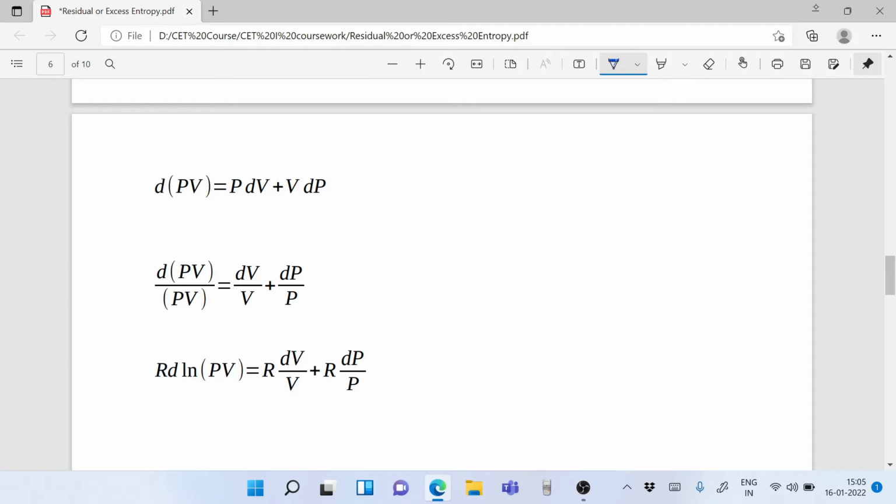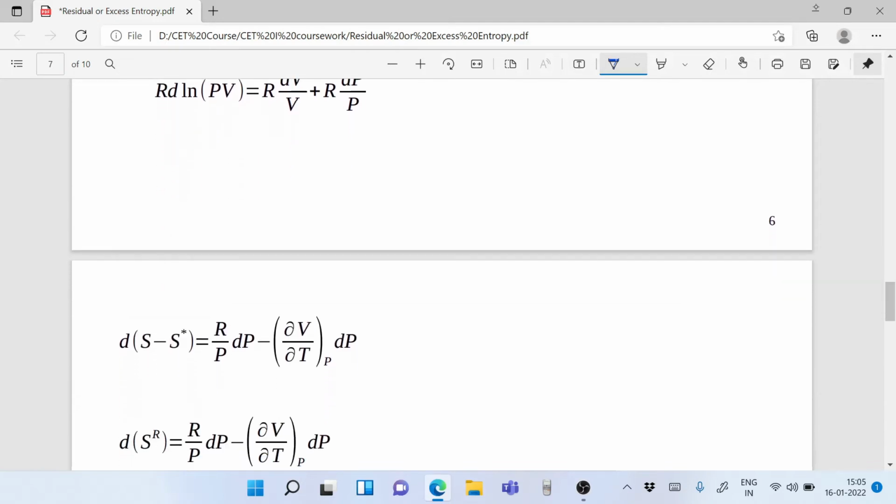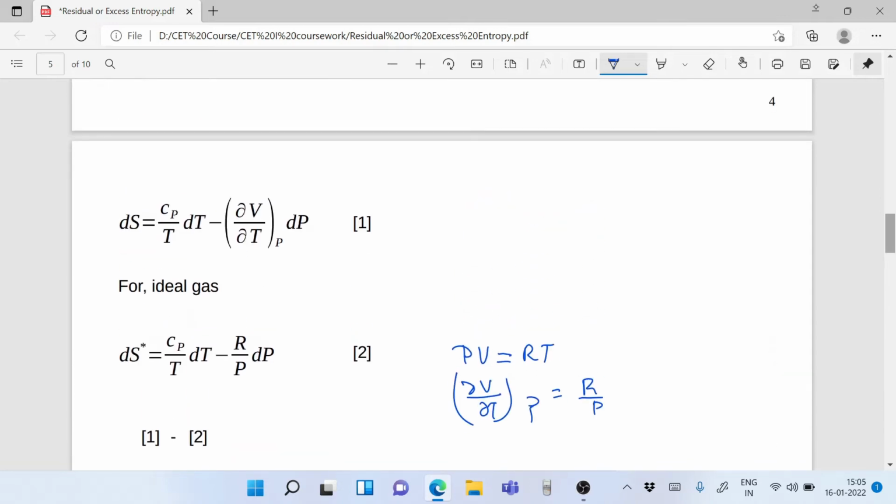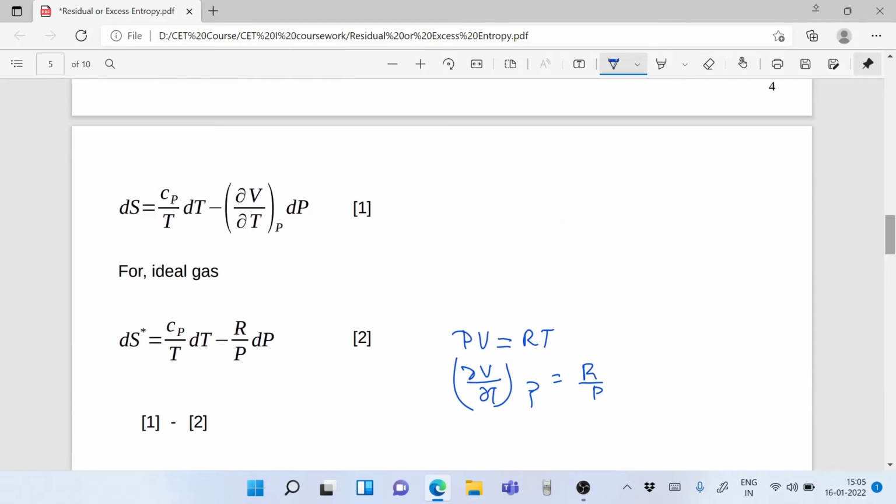We have just made a simple differentiation. So d(PV) divided by PV is going to give us this equation, right? And then multiplying it by R is going to yield us this equation, right? So now when we take the difference of 1 and 2, just have a look at 1 and 2 now.